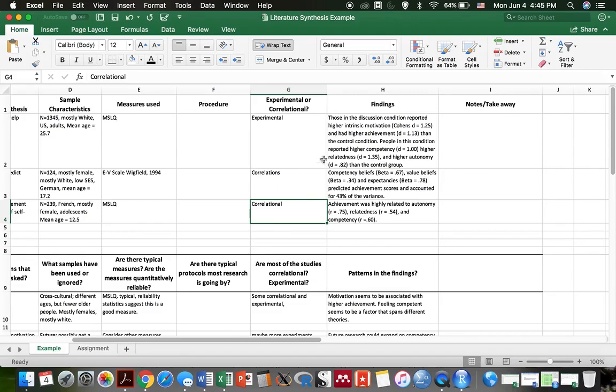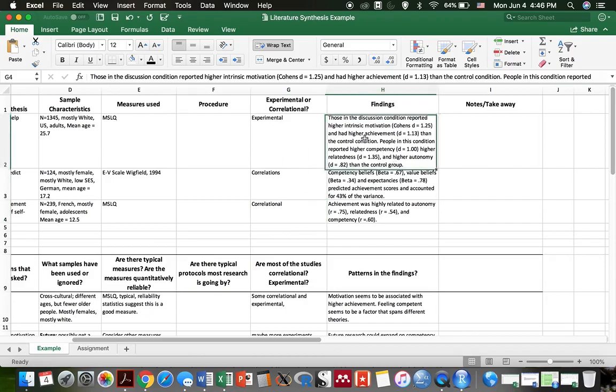So let's say findings of the experiment showed something that is relevant to your paper, but findings from the correlation really didn't. Just don't include it. Just include the one that's going to be relevant to what you're studying, okay? And the findings are just how it sounds. They're what they found. What did their evidence show? What did the statistics suggest?